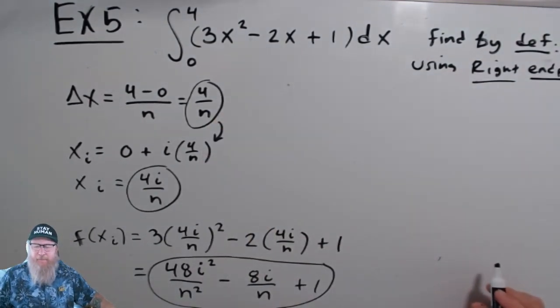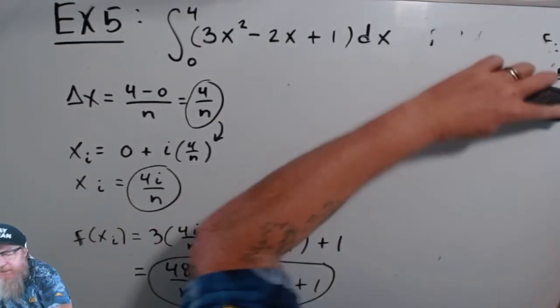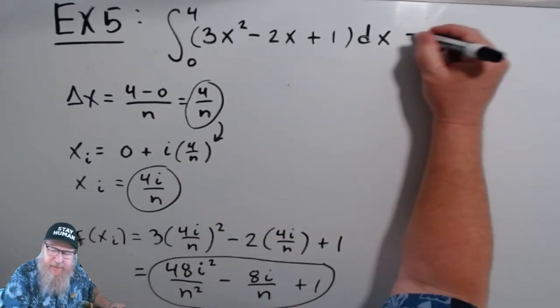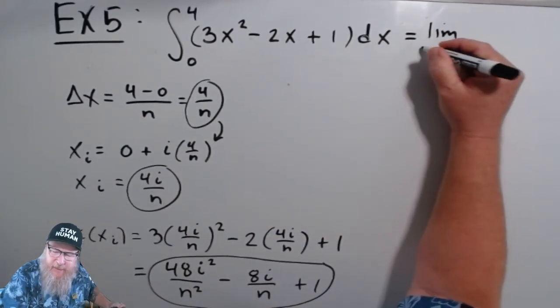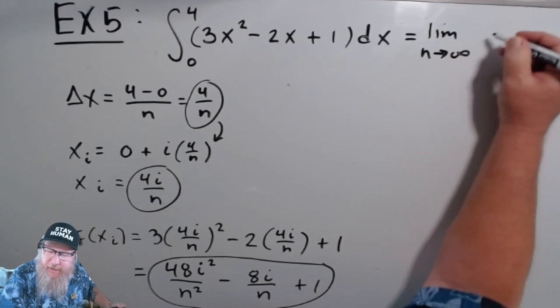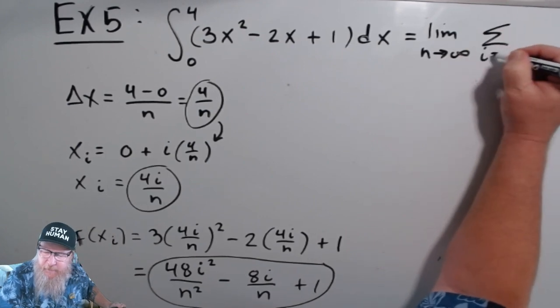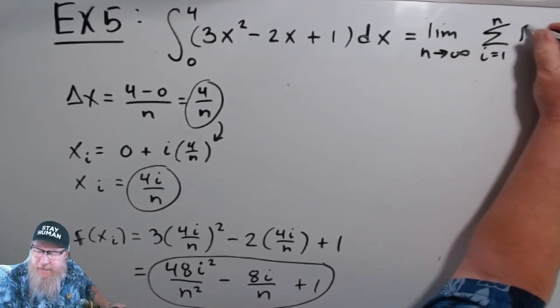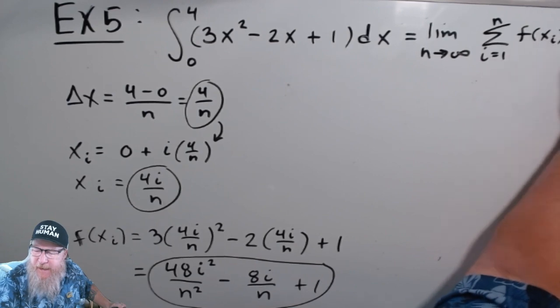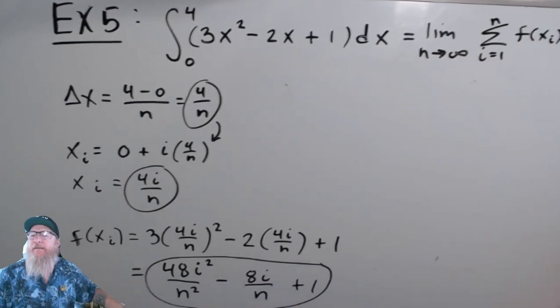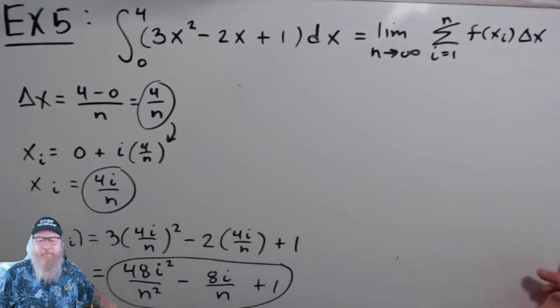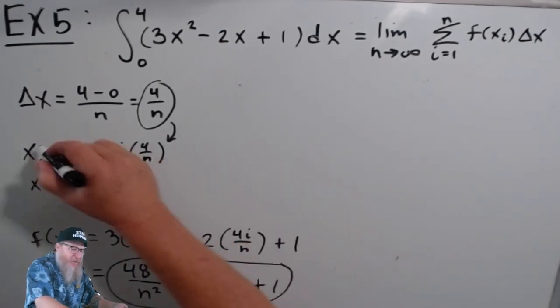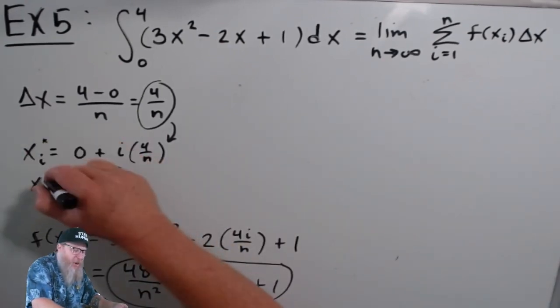All right, so we're going to do this by definition. The definition is the limit as n goes to infinity of the sum from i equals 1 to n of f of xi delta x. Again, I mentioned this before, sometimes they'll put a star on the xi.